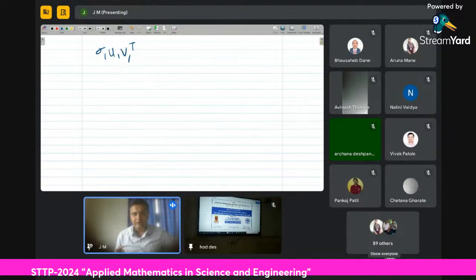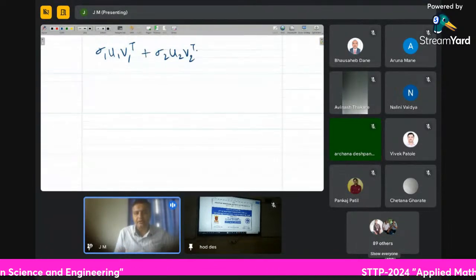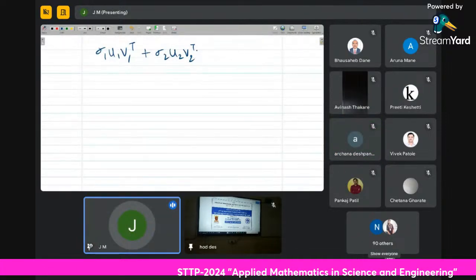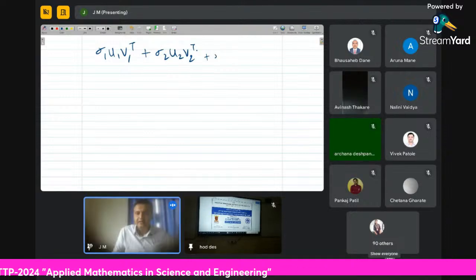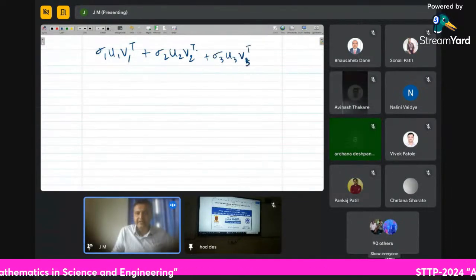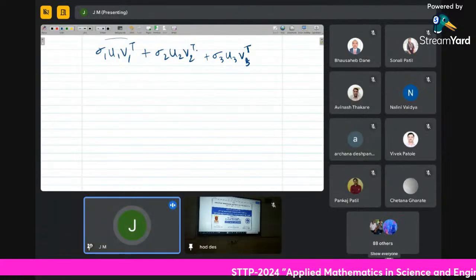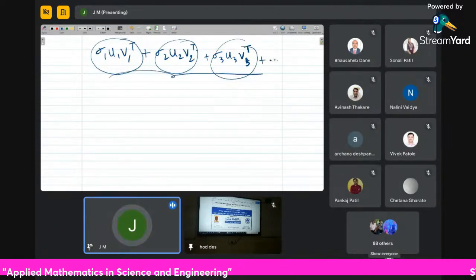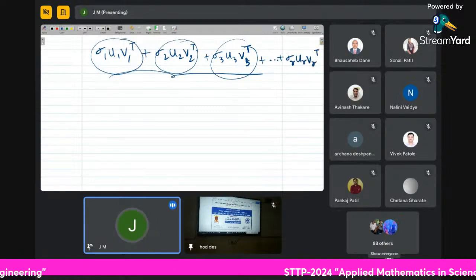You will again not get the complete A matrix with a few more terms, but you will be a little bit closer to the matrix A as compared to sigma 1 U1 V1 transpose only. Again, if I take more matrices, I will come a little closer to A. So this is my first packet, this is my second packet, third packet. As I keep getting the packets, I'm approaching closer and closer to my matrix A.